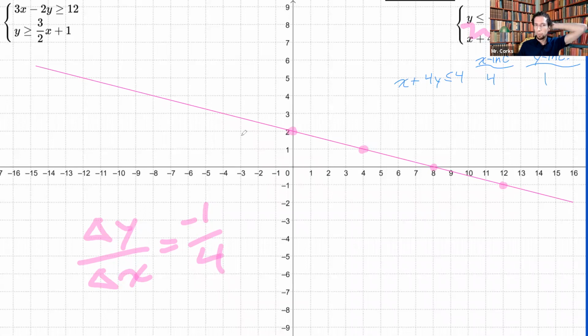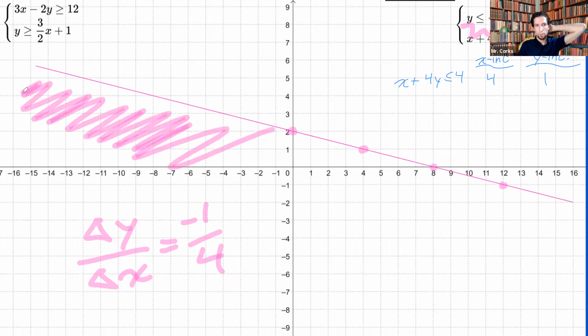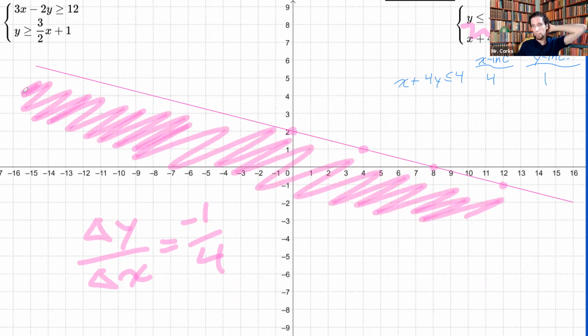Are we shading above or below this line? Below. Okay, so in slope intercept form, this one's easier to see. Y must be less than or equal to this line, or equal, so a solid line is fine. And we'll do our second one.